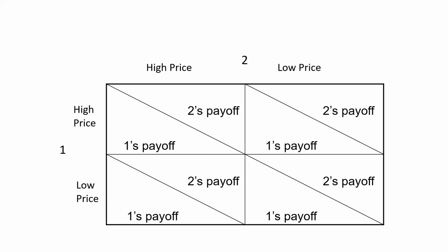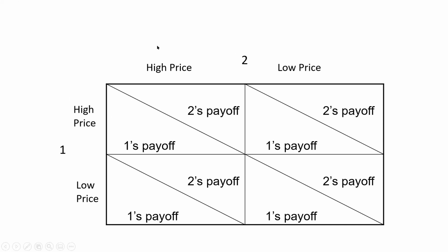Instead of just high and low, we could break the headings down into 10 different decisions, setting $10, $9, $8. We could go even further and think about every single cent and what would be the optimal decision, but the same principles would apply. So we simplify by just thinking about higher or lower.